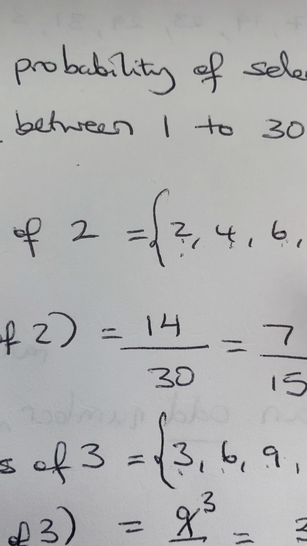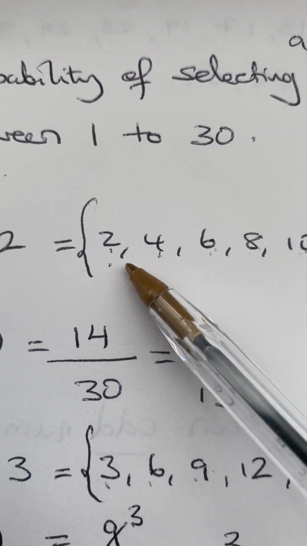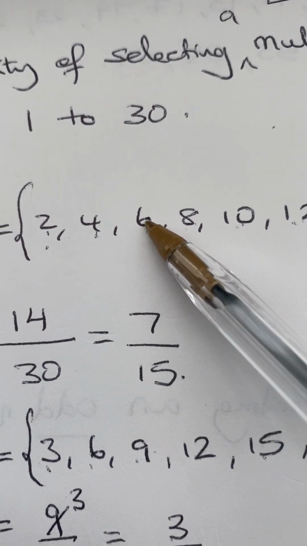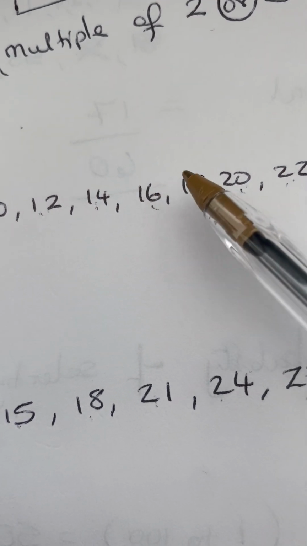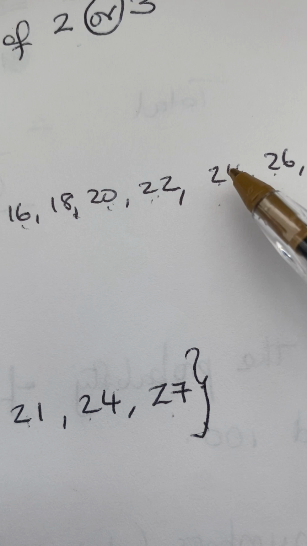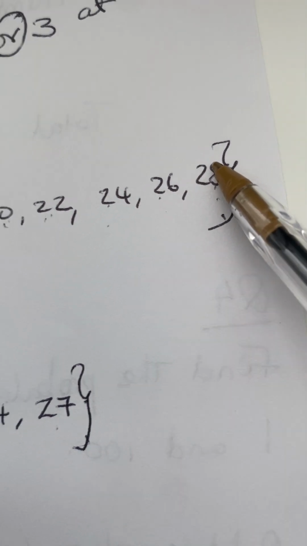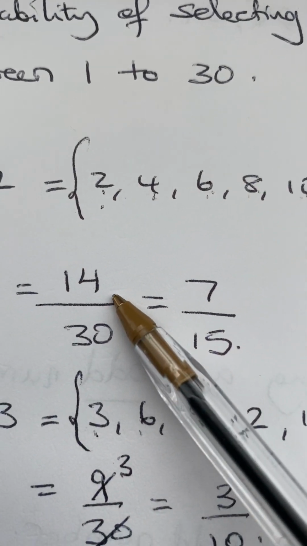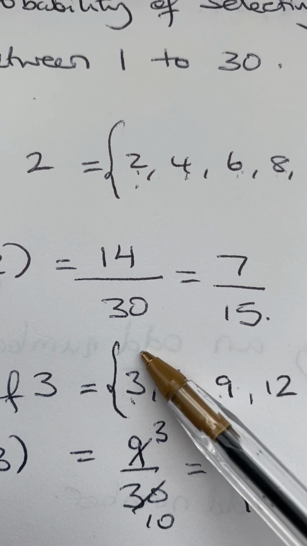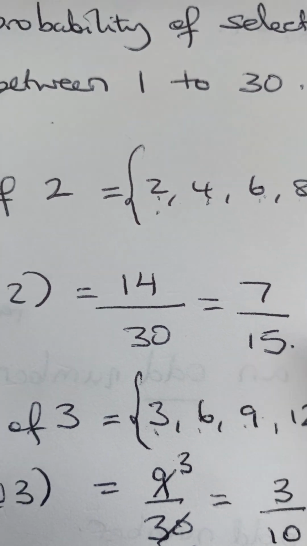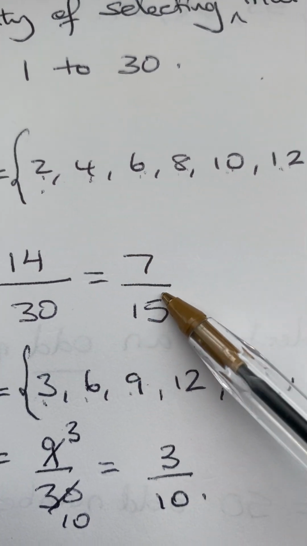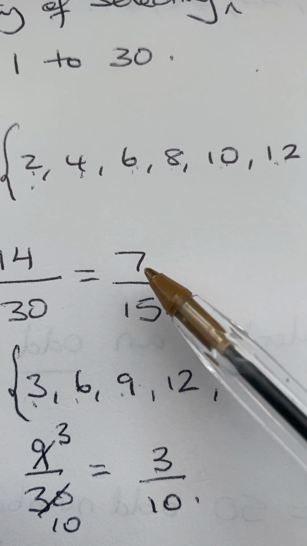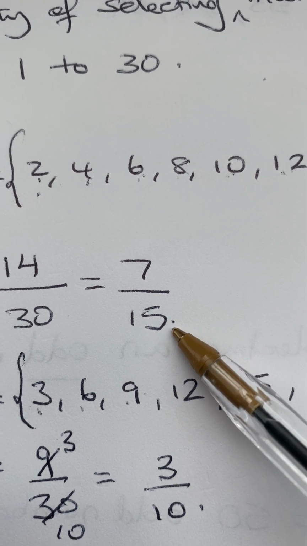Now multiples of 2: 1, 2, 3, 4, 5, 6, 7, 8, 9, 10, 11, 12, 13, 14. So here we have 14 out of 30. If this is the only question, we can reduce it to the lowest term, okay, and that'll be an answer.